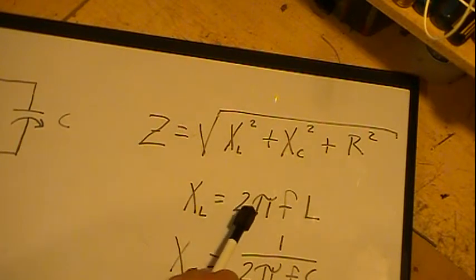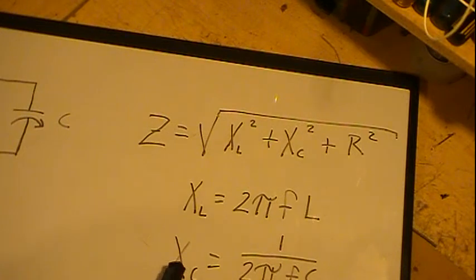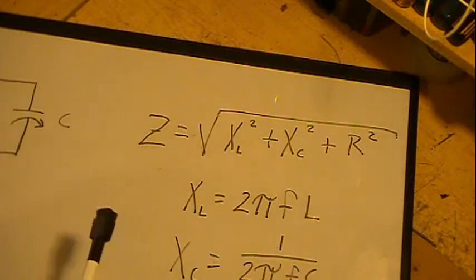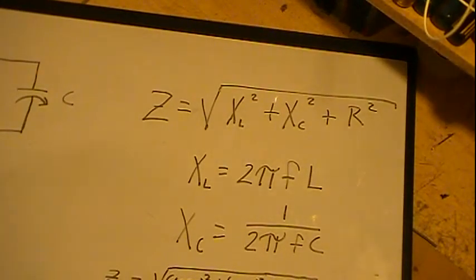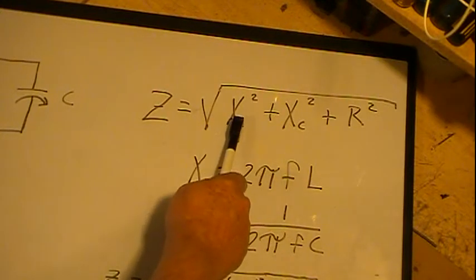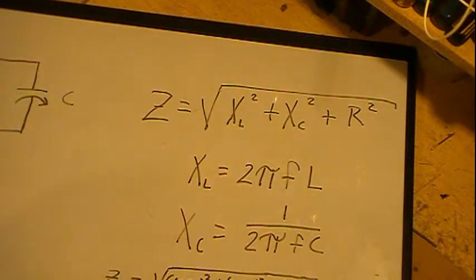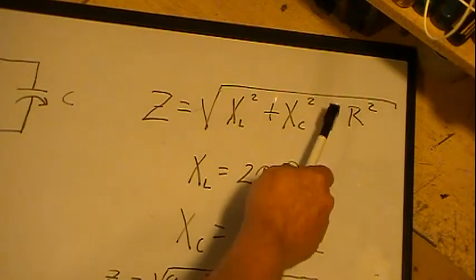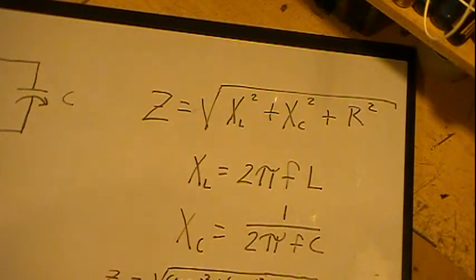Inductive reactance is 2 pi times frequency times the inductance of the inductor, and X sub C, the capacitive reactance, is 1 over 2 pi times frequency times capacitance. Both are in ohms. You take these two, square each one, add them together. Now there's the series resistance, you take plus it squared, and that gives you the total impedance.